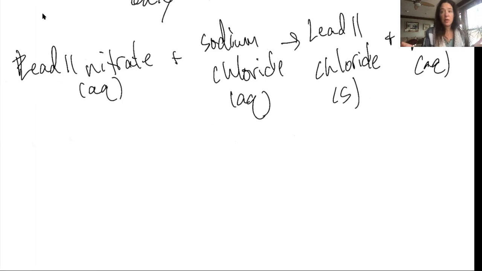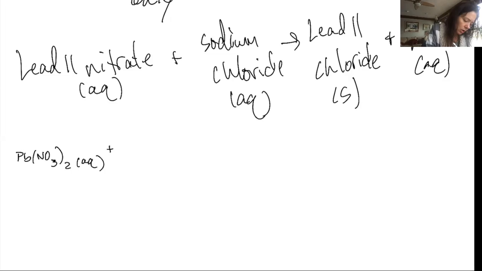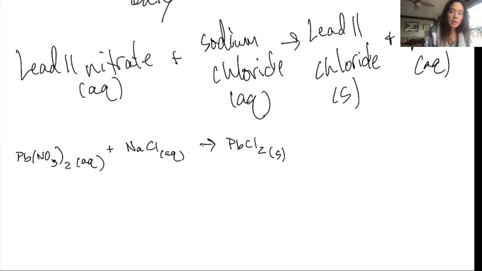Let's write this into a balanced chemical equation, all right? And I'm going to make the assumption that you have learned how to do this, so that's not going to be the focus of what I'm doing here, all right? Lead 2 nitrate, Pb(NO3)2, aqueous, plus sodium chloride, NaCl, aqueous, yields lead 2 chloride, PbCl2, solid.